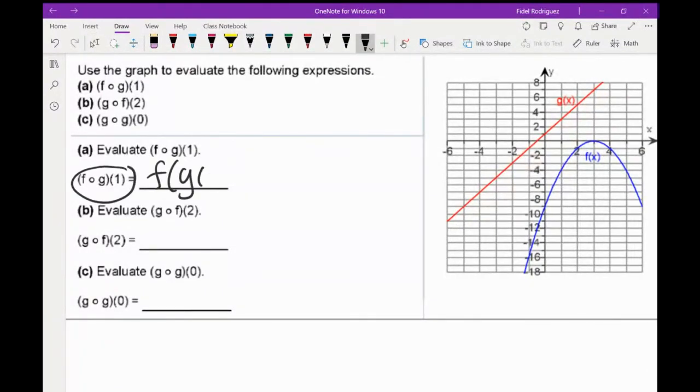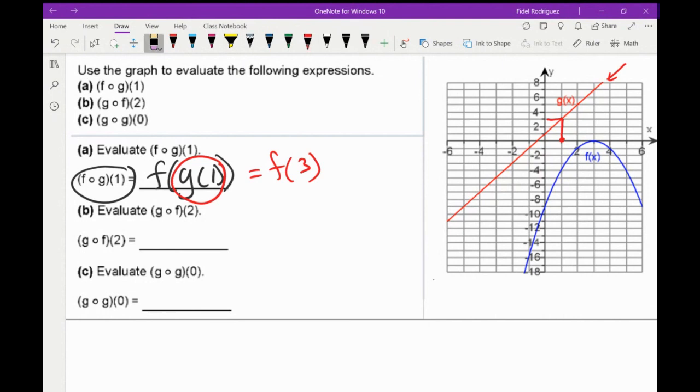This means we're going to find f of g of 1. Okay, I want to find g of 1 first. So here is the red one, my g function. I'm going to go to when x equals 1, and I want to figure out what value I hit when I'm at the g. If I'm right between 2 and 4, I got to be at 3, right?